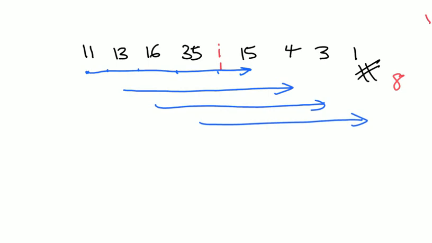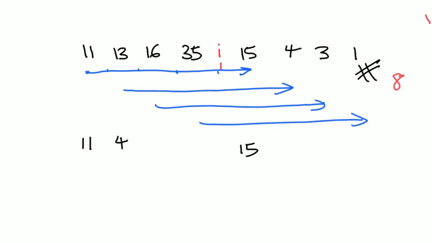Now let's do the comparison. Let's take a look at these arrows one after another. 11 and 15, which is bigger? Of course, 15 is bigger than 11, so we just rewrite it without changing anything. Then 13 and 4. Which is bigger? Of course 13 is bigger, so we do a swap.